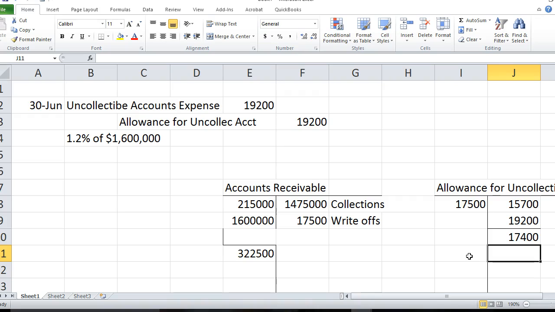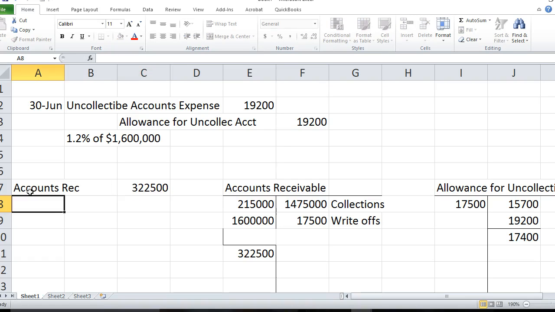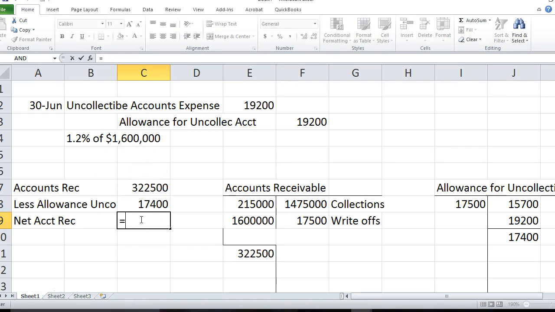Now, how is this going to look on our balance sheet? Let's just do a little mini balance sheet. We'll have accounts receivable of $322,500, and then we will have less our allowance for uncollectibles of $17,400, gives us our net accounts receivable of $305,100.